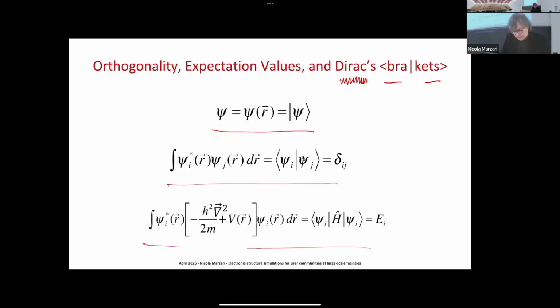And Dirac writes a wave function in this symbolic form, what we call a ket, and he writes the complex conjugate of the wave function as a bra. There is something quite subtle in this, that we are talking about objects that are dual in the appropriate space, but we don't have to worry about this.